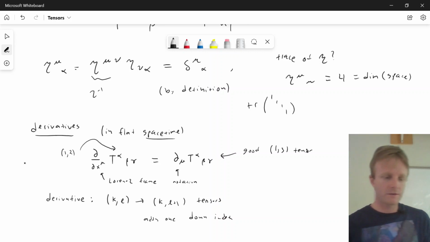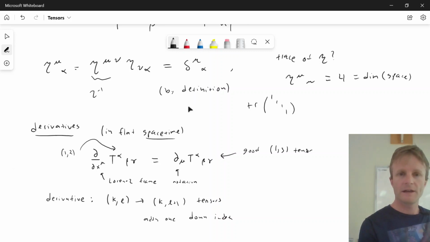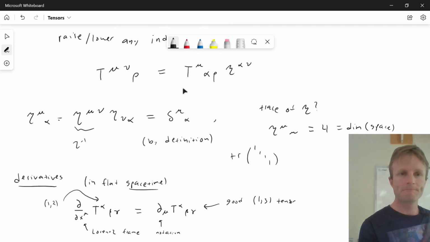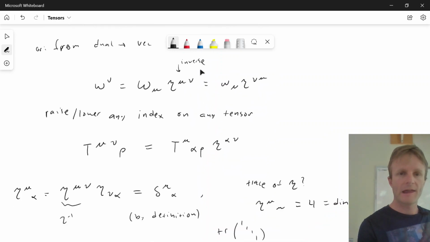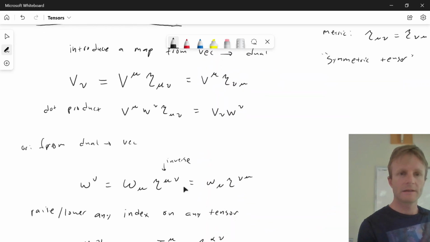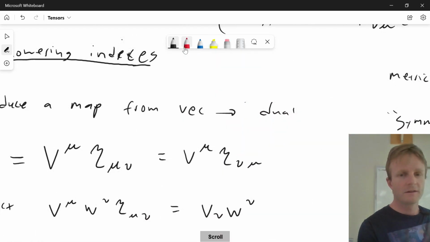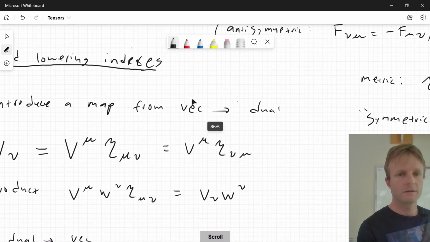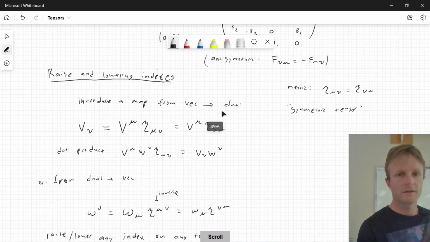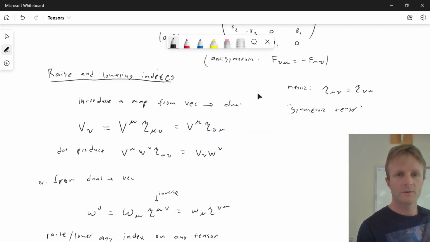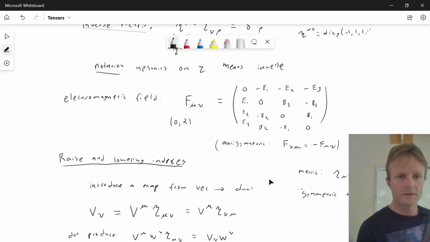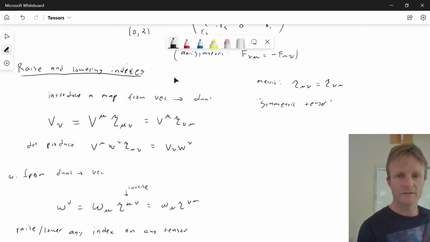There's probably one other tensor I should tell you about. Let's put it up with the examples, maybe. We can find some room. Okay. So it's the Levi-Civita tensor.